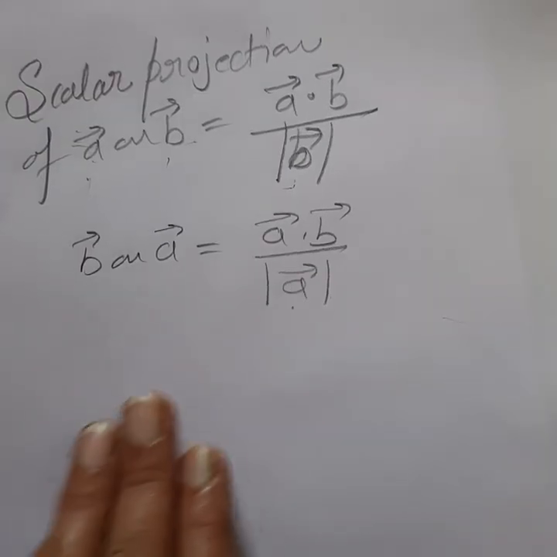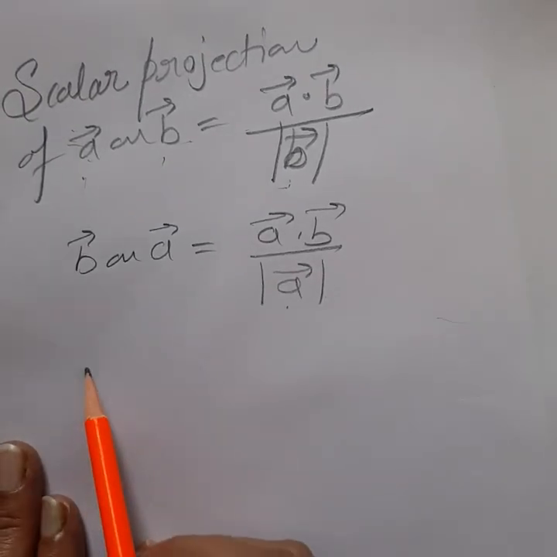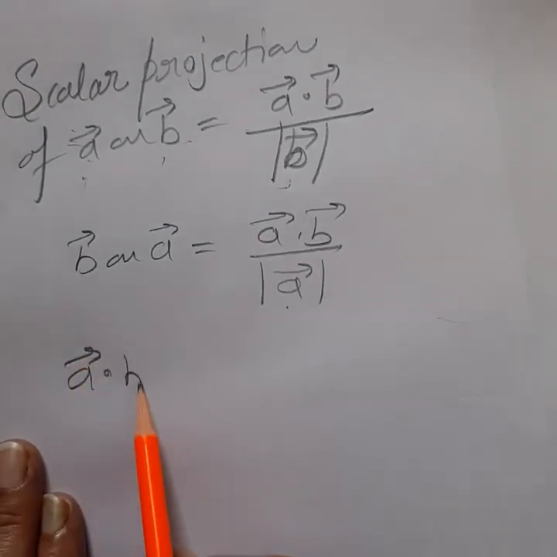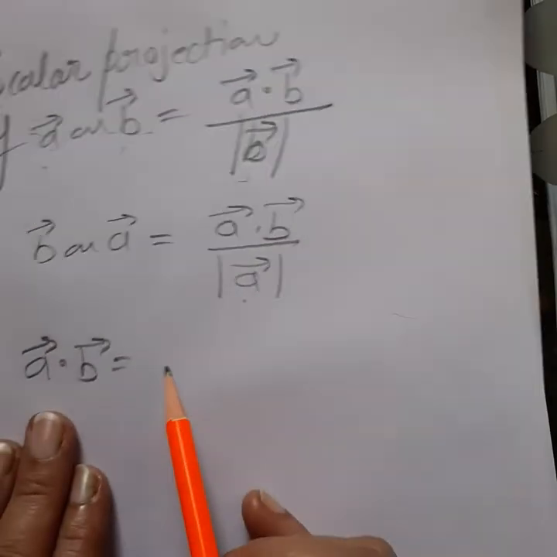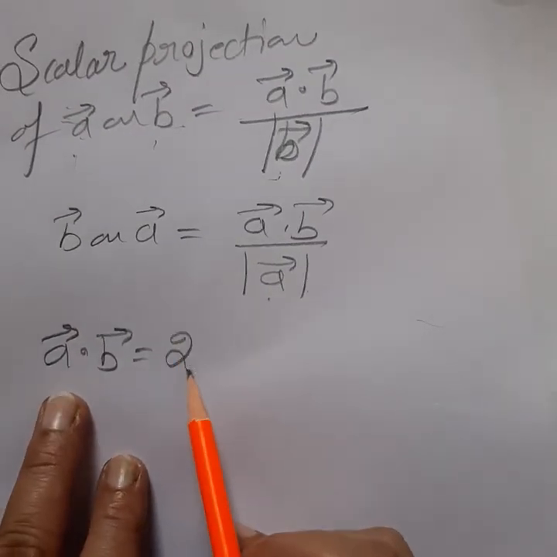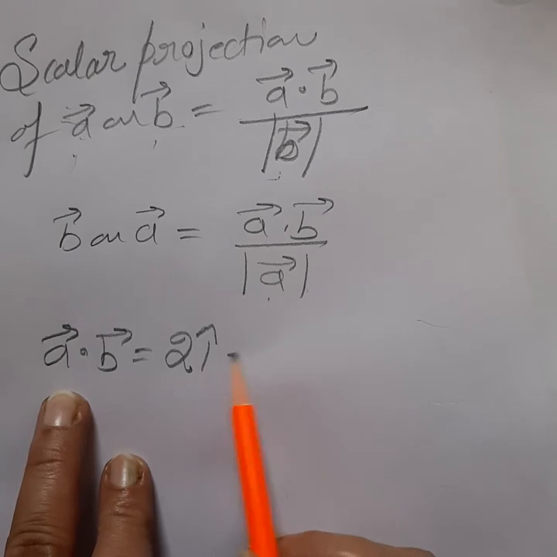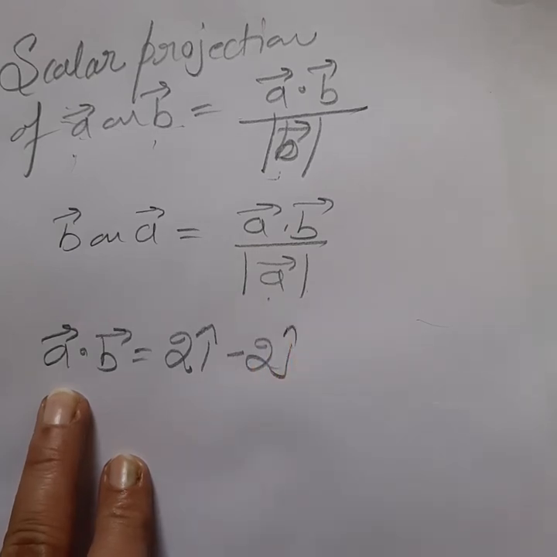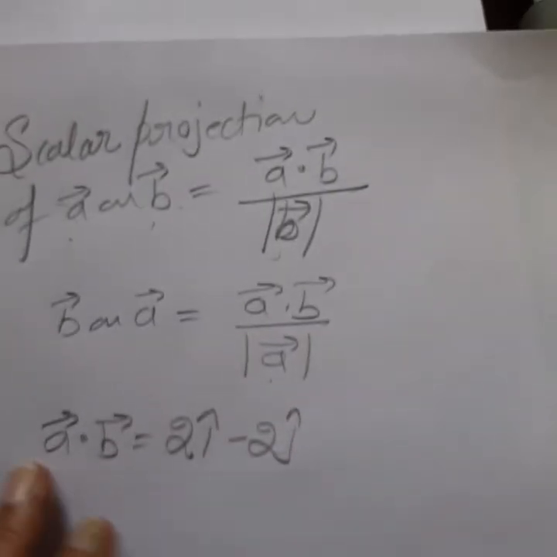Now how can we solve it? First of all, we have to find the value of a vector dot b vector. So firstly, we write here the value of a. What is the value of a?